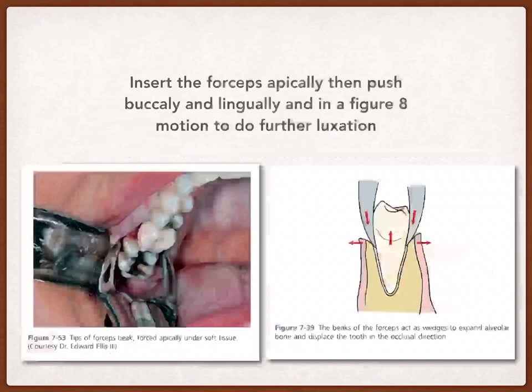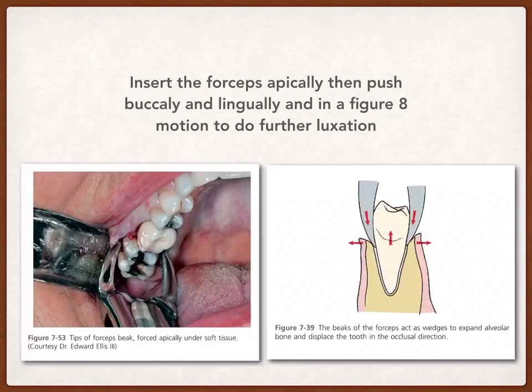And after the completion of the use of the elevator to luxate the tooth, guys, we should insert the forceps apically as much as we can, because pushing the forceps beaks as far apically as we can will prevent root fracture, specifically of the apical part of it. Then after that we push buccally for several seconds and lingually for another few seconds.